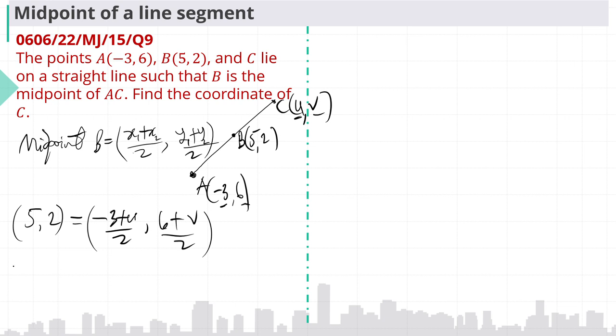Comparing both sides, it means that the x coordinate 5 should be equal to minus 3 plus U, divide by 2.